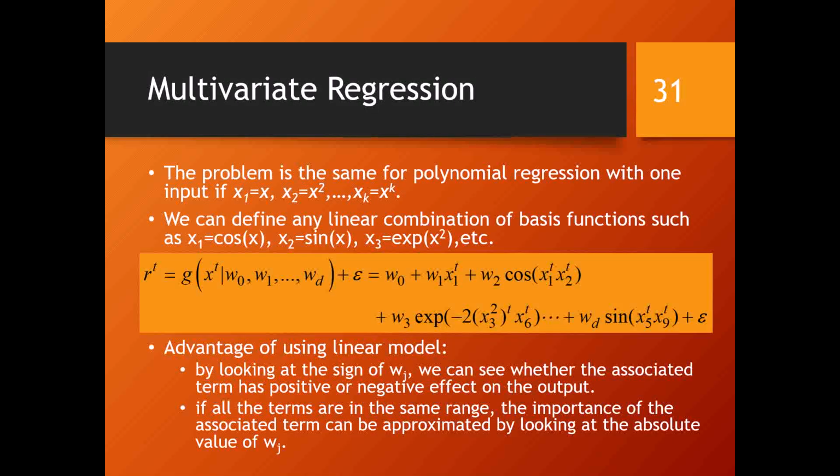Okay, so A now can be written as W0 plus W1, Z1 plus W2, Z2 plus W3, Z3 plus W4, Z4.